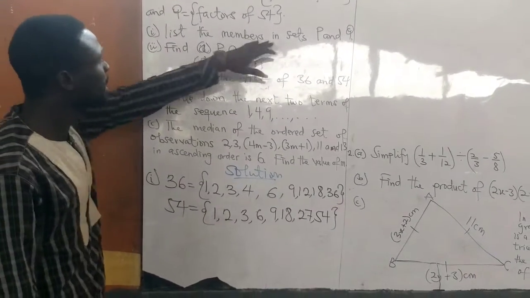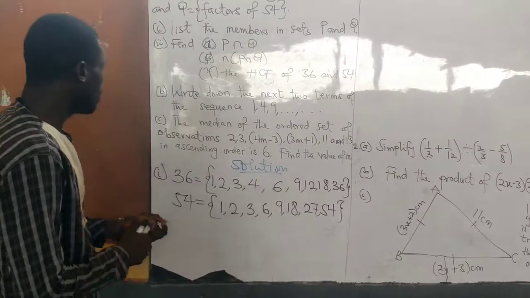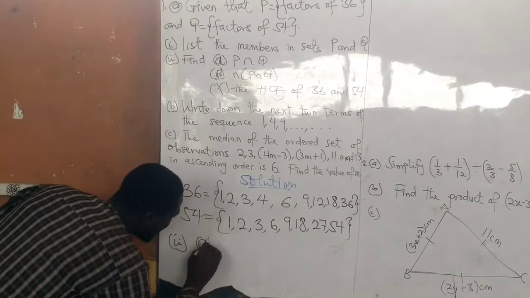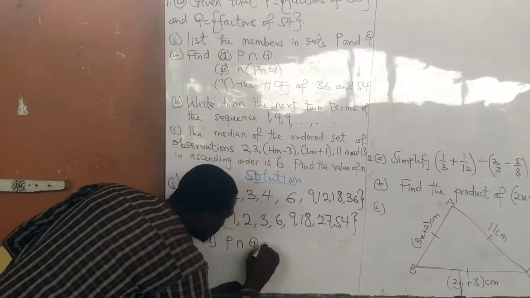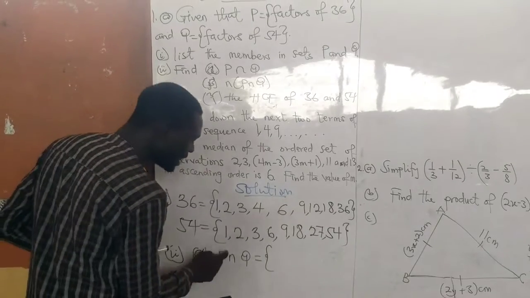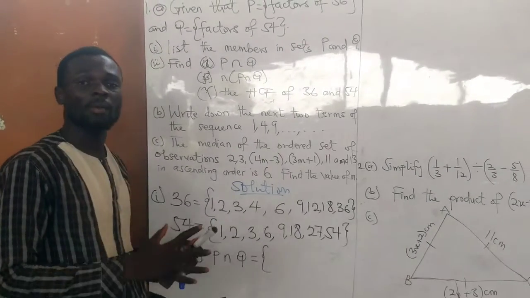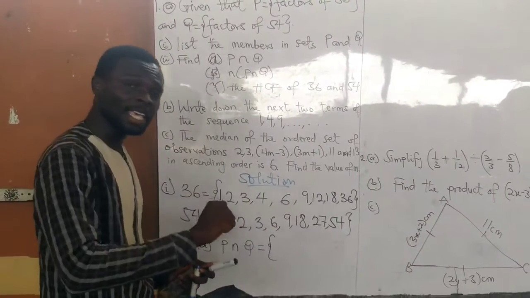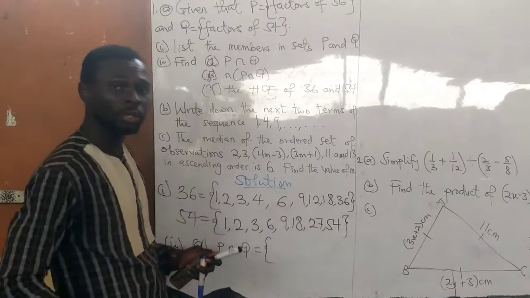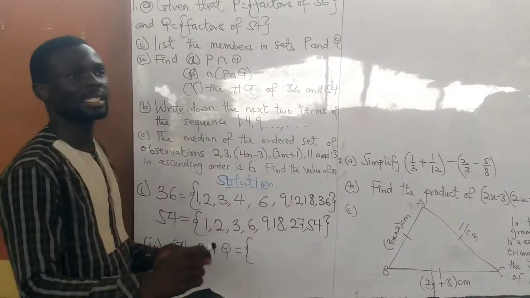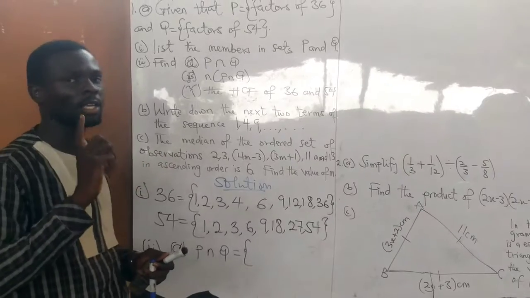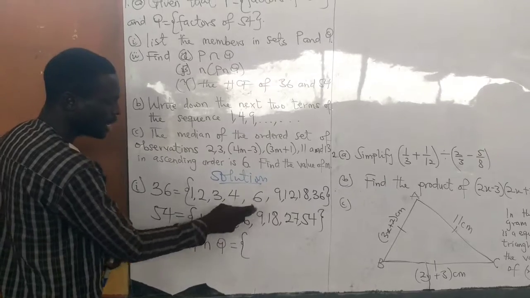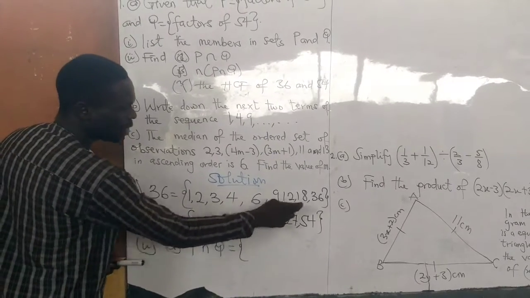Now when you continue after listing the members in set P and Q, you have been asked to find II, the first one, as P intersection Q. Remember that this symbol is for intersection. And when we say intersection, it simply means which members belong to P and at the same time belong to Q. Or what can you see in P and you can see that same number in Q. Now when you look at it carefully, we have 1, 2, 3, 6, 9, and 18.